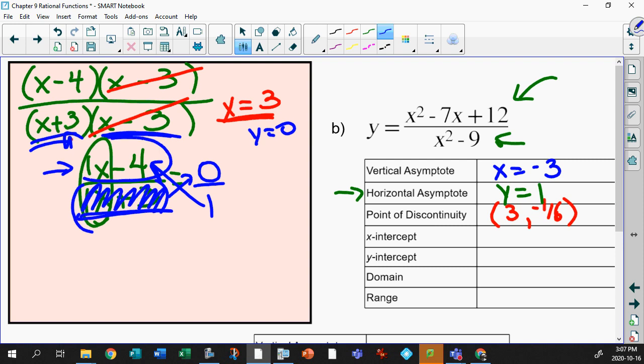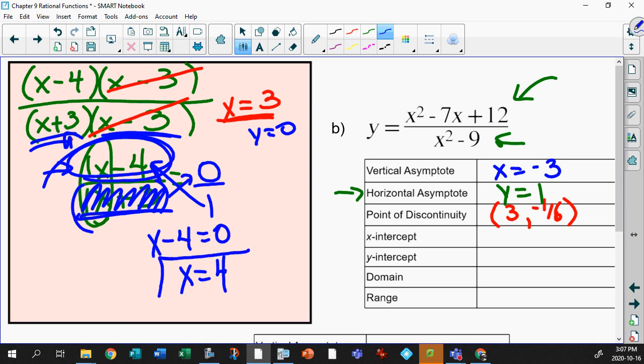The way you determine your intercept, of course, is with the top one. So this is x minus 4 equals 0. So guess what? x equals 4. And that's just because our y equals 0 and our denominators cancel out. Okay? So x equals 4 is your x-intercept.